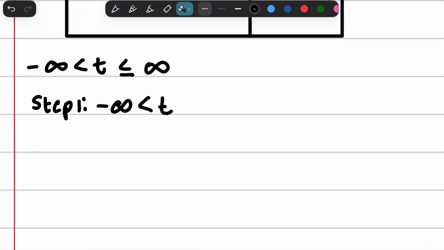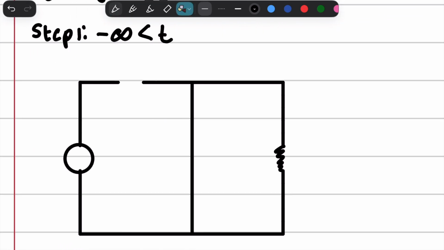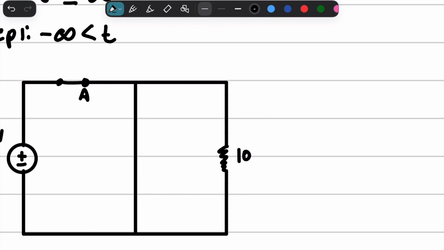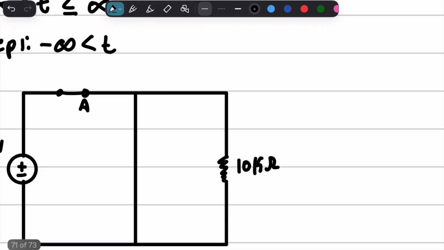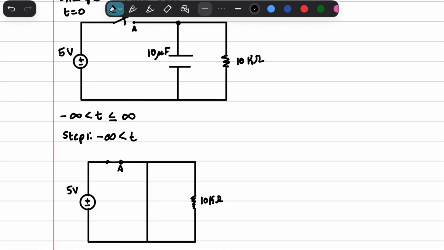So we're going to go ahead and draw the circuit again. Okay, and I'm going to just draw the switch as if it's closed. I'm going to label this A so that you remember that there's a switch right here, okay? There's a switch right there. Now, we still have this 5-volt battery, and we still have this 10k ohm resistor. But remember what we said?